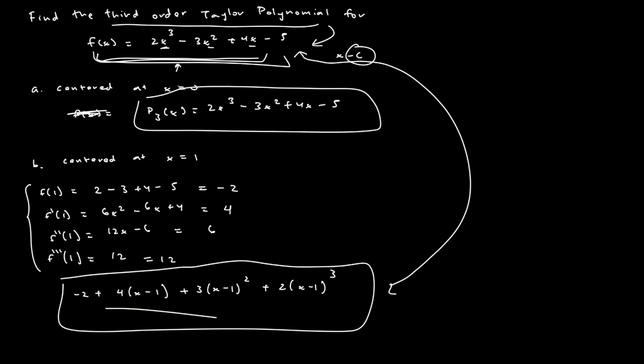Because our Taylor polynomial is a way of estimating our original function, and our original function is already a third degree function, and we're saying find a third degree estimate of a third degree function, you'd expect the third degree estimate to fully and correctly estimate our original function.